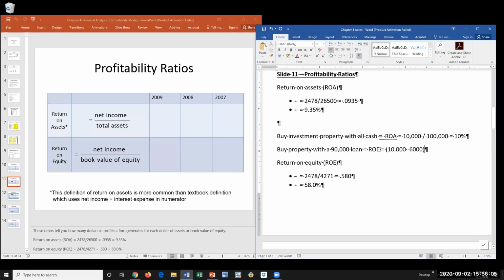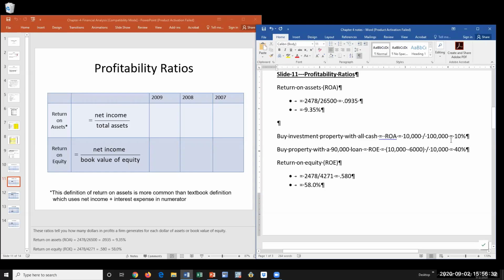So that's going to be our net income right there. And what's our equity in this investment property? We got a $90,000 loan, so now our equity is only $10,000, right? So what's 10,000 minus 6,000 divided by 10,000? That's going to be 40%.